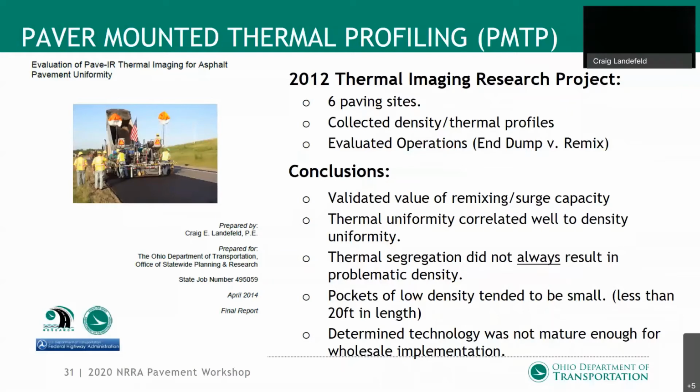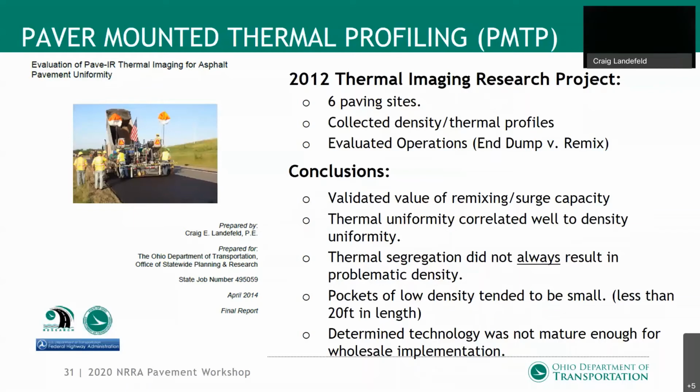So some of the conclusions from that project, we validated the value of remixing and having some surge capacity out on the road. Thermal uniformity correlated pretty well to the density uniformity that we saw. We did find that thermal segregation did not always result in problematic density, which kind of makes sense.